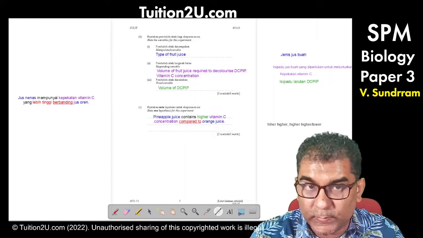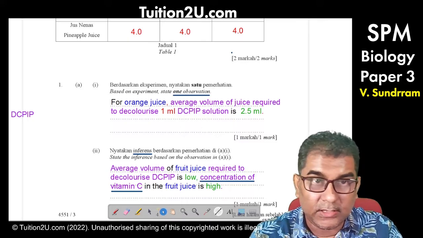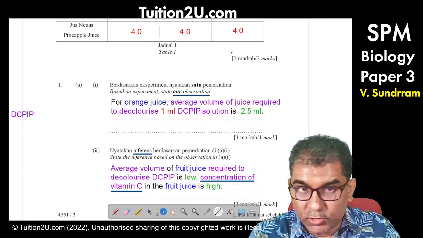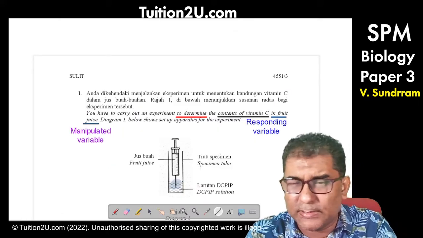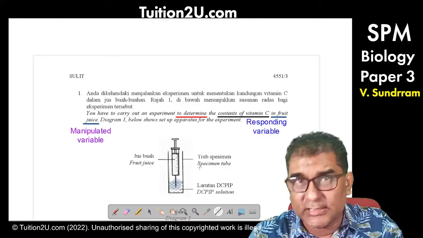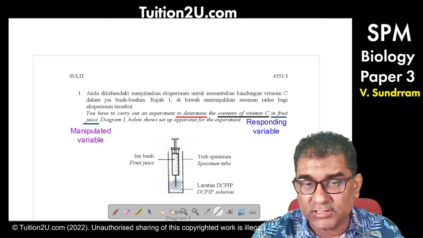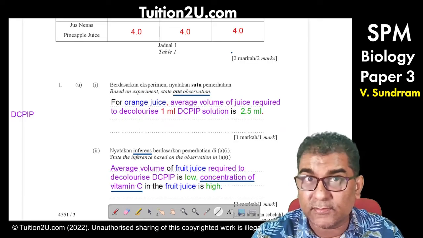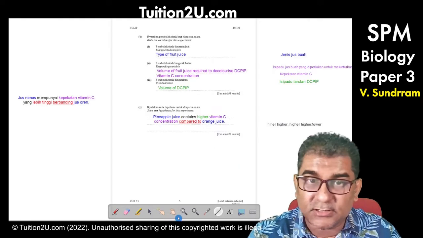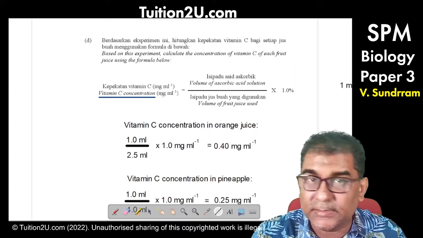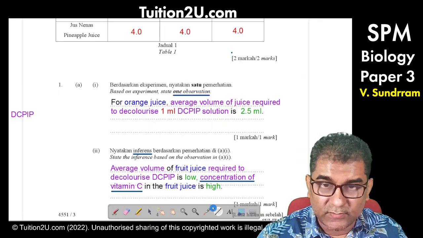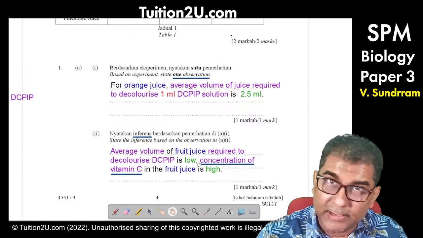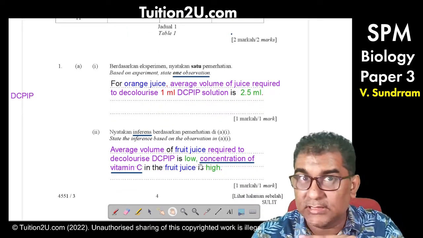You are now actually doing question A2. When you're doing question A2, you look at the first paragraph, you're not that happy with contents of vitamin C. So you can actually go to the calculation question, and sometimes even to the table. The calculation question has the words vitamin C concentration, so we use that as the answer. So if I come back here, I make sure I follow what is in the question.